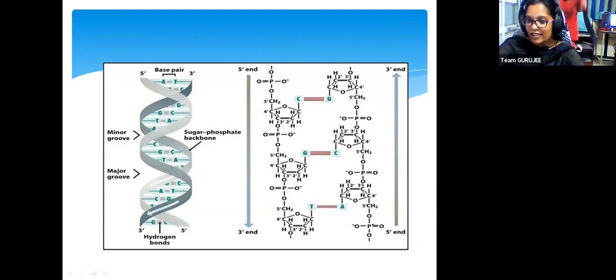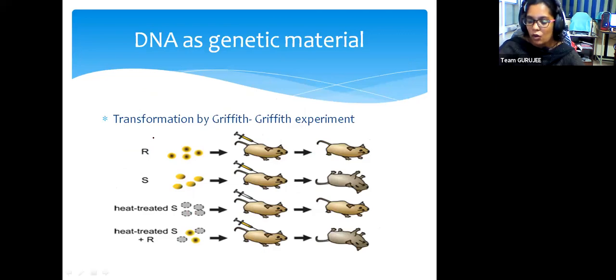Once again we are seeing the structure of DNA. Hydrogen bond, sugar phosphate backbone is present. Major groove, minor groove, we have already seen. We'll see the experiment.